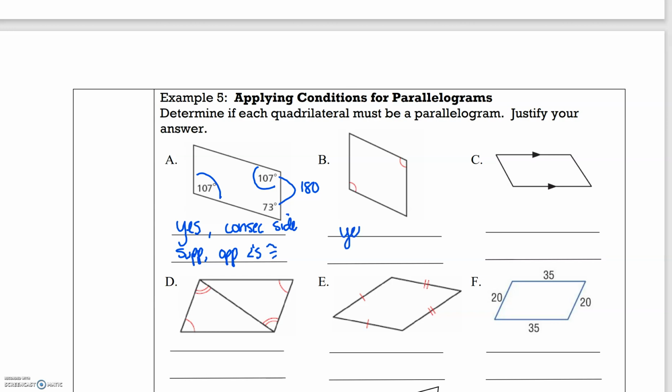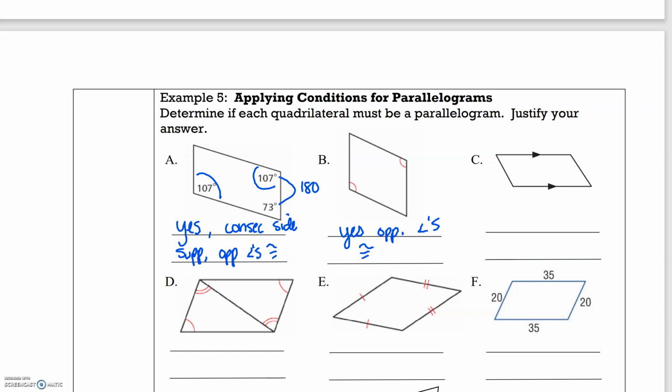This one, yes, opposite sides. Man, get my sides and angles confused here. Opposite angles are congruent because of our arc marks there. And since this is a quadrilateral, these must be the same if these are the same.